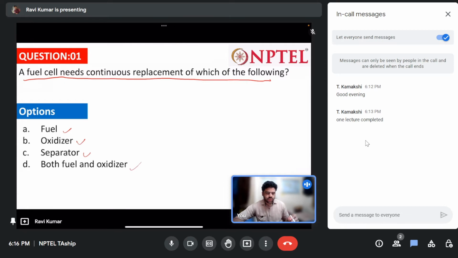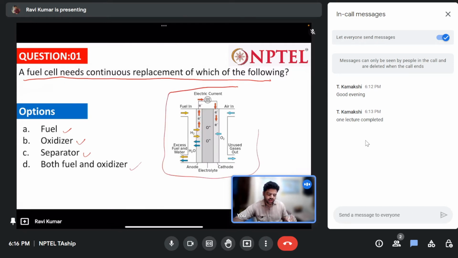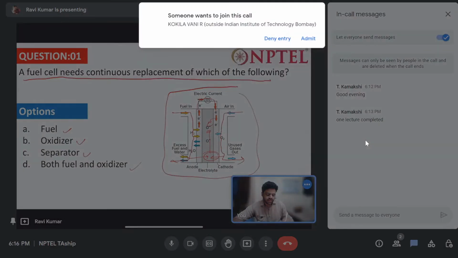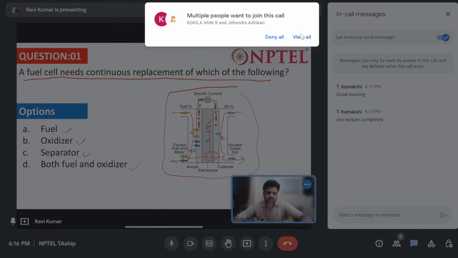Okay, so this is a fuel cell. Here we can see some fuel is coming here and oxidizer is coming from this side. So what happens? This oxidizer and this fuel react and they generate electrons, and these electrons flow through the outer circuit, which generates electric current.